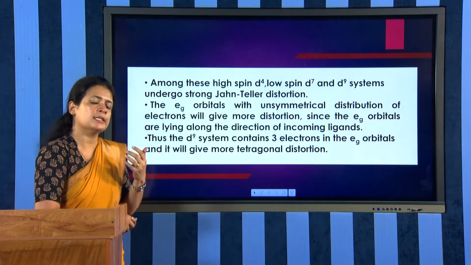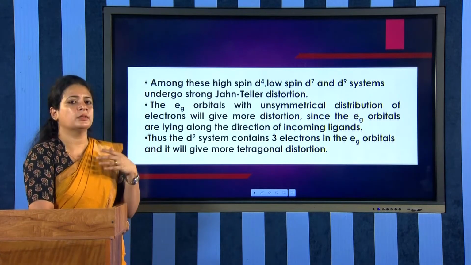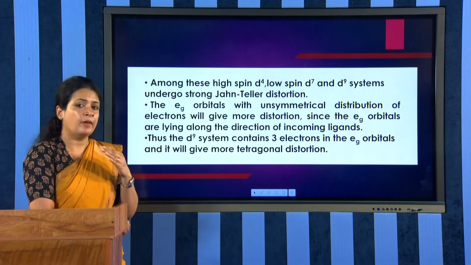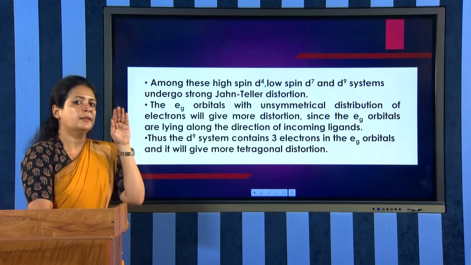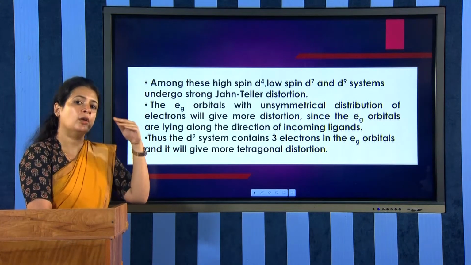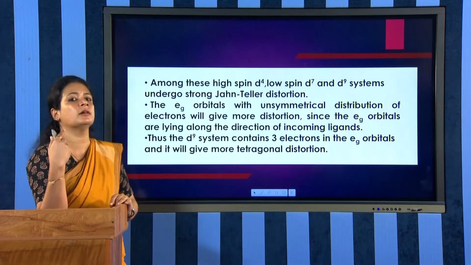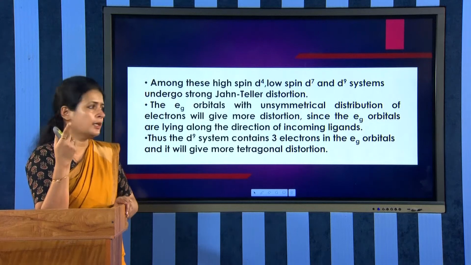We have already discussed in the previous classes how the splitting of the d orbitals occurs in the octahedral field. Why do the eg orbitals have a greater energy? Because the eg orbitals are lying along the axis. Since there is a head-on interaction of these orbitals with the incoming ligands, the energy is raised.